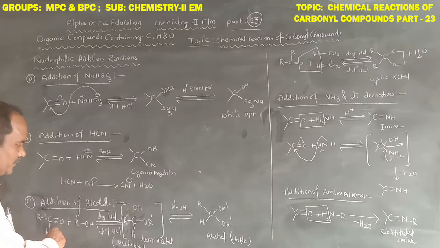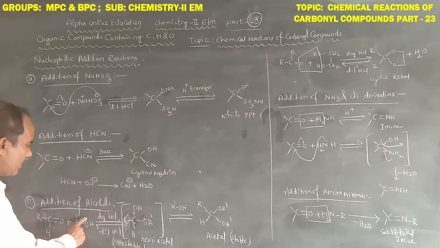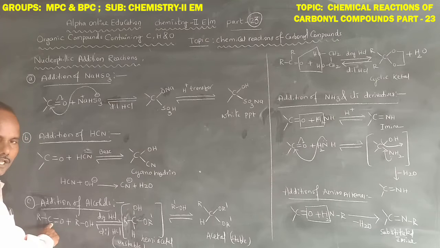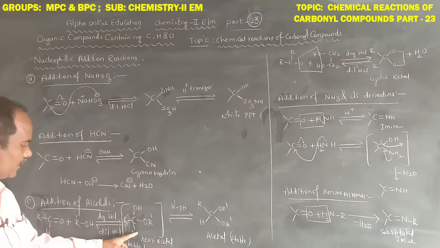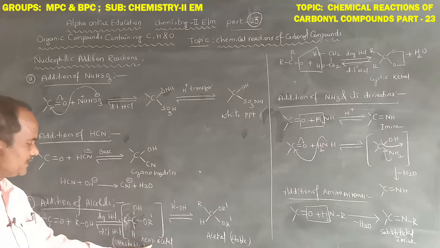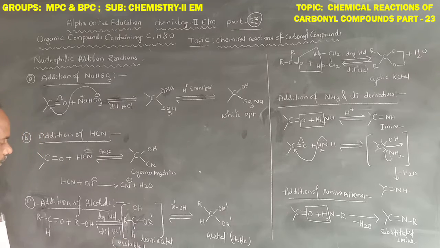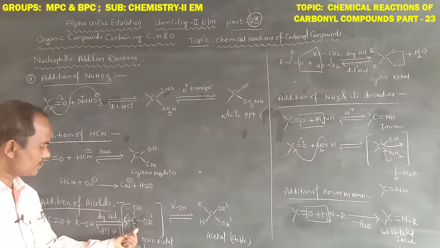First protonation takes place. After that, the alkoxide ion attacks the carbonyl carbon. Then suppose the carbonyl compound is an aldehyde, first of all a hemiacetal is formed, also called alkoxy alcohol.